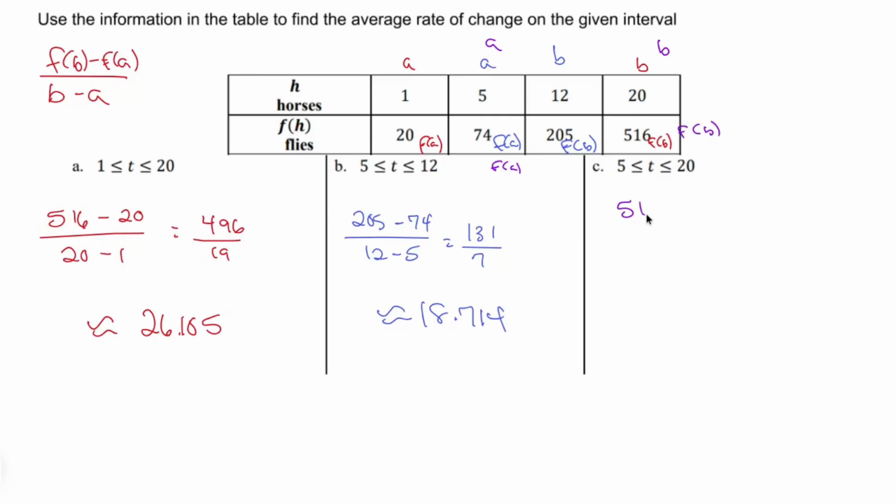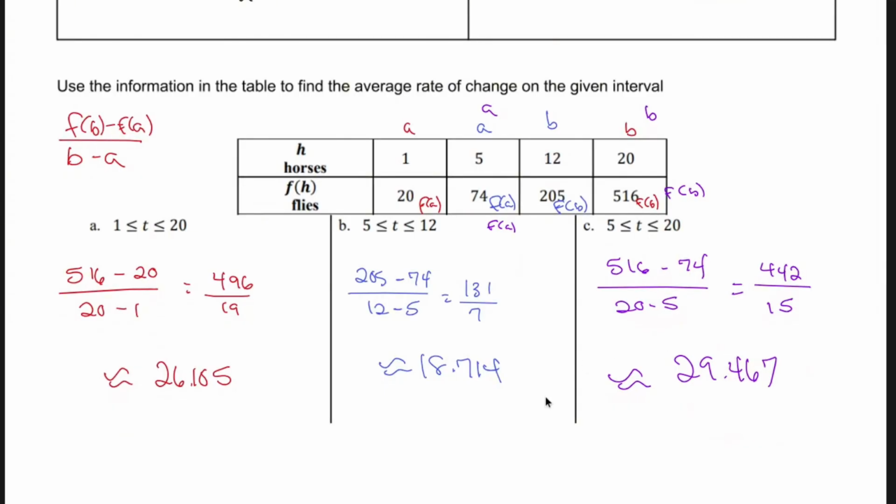So 516 minus 74 over 20 minus 5. 516, so you are 442 divided by 15. Well, I did something stupid and paused the video and kept on going, so I'm going to redo this last minute quickly. I ended up with 29.467 for that average rate of change.